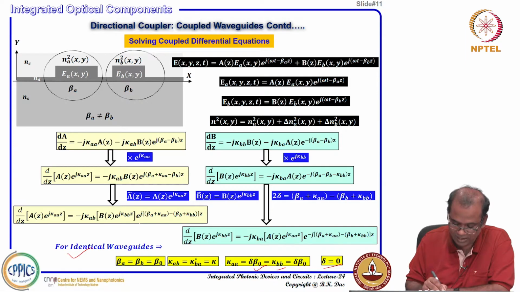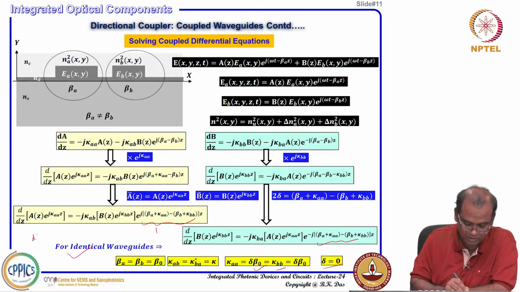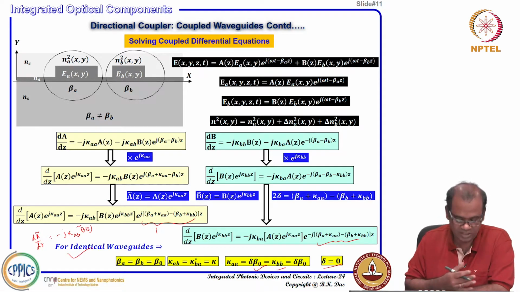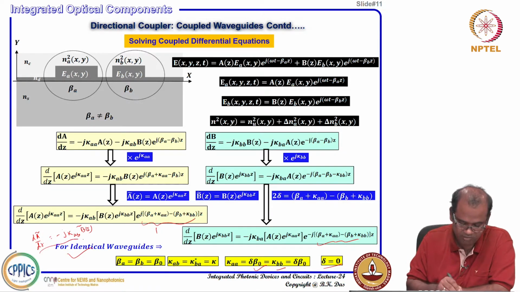That means I can directly put this one equal to 1 because the exponential of 0 is 1, here also it will be 1. So, our solution will be very simple, straightforward. I can write dA dz equal to minus j kappa A B B tilde z. So, that will be our simple exponential equation, sinusoidal solutions you will be getting.